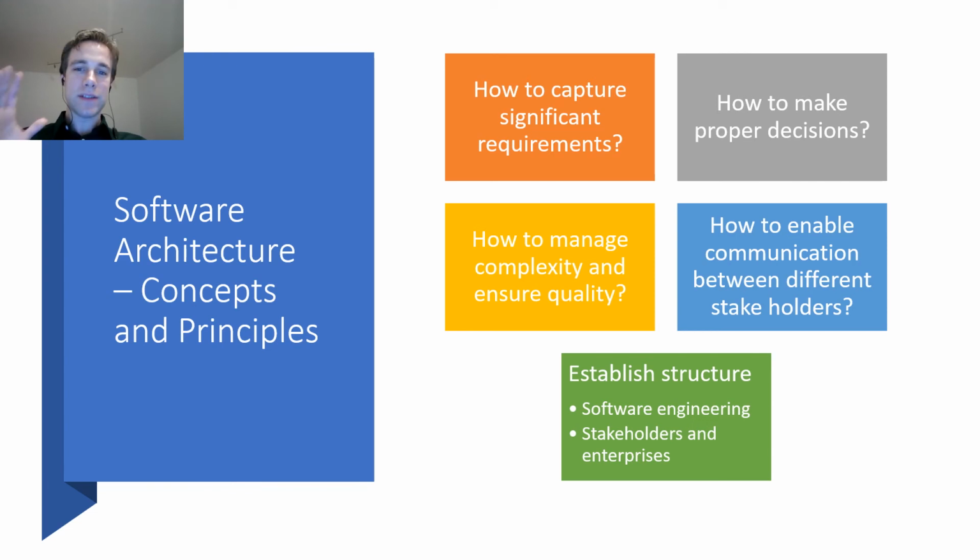Now, in the context of this complexity management, ensuring the quality, it's necessary to make proper decisions. I said a few slides ago that making decisions in a software system is really hard. One of the reasons is that the design space is so huge. It's possible to make a huge number of very different design decisions.